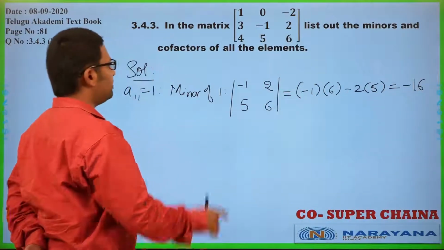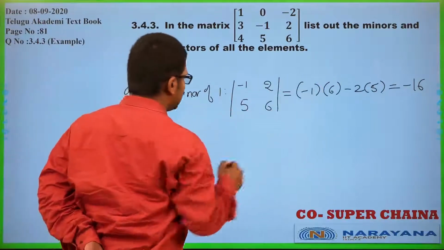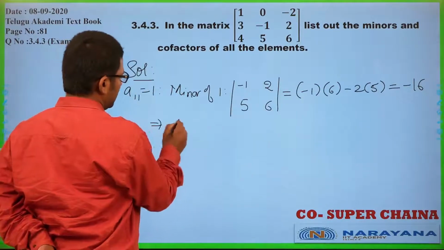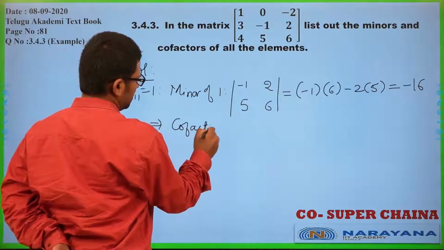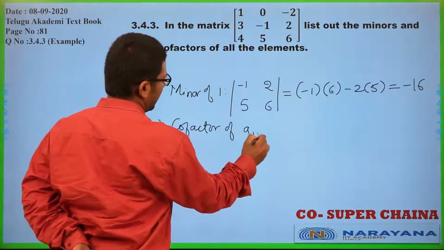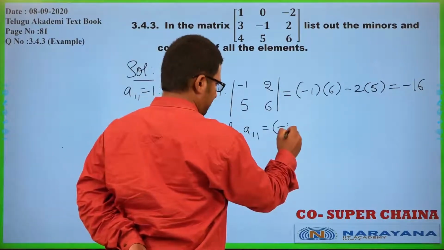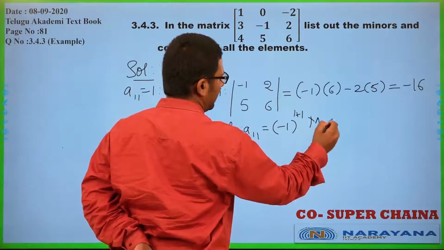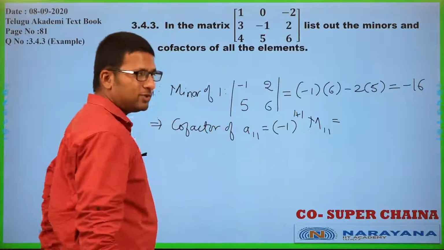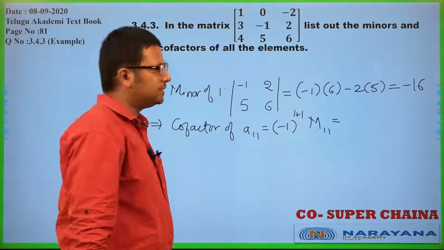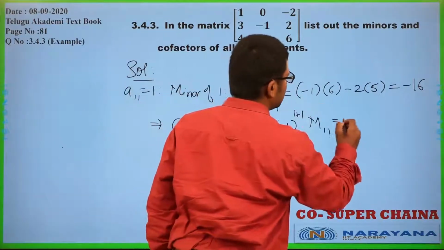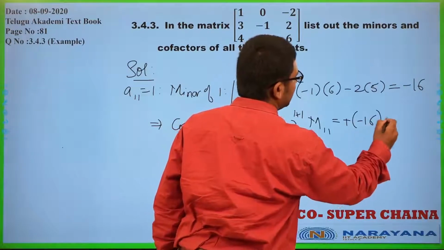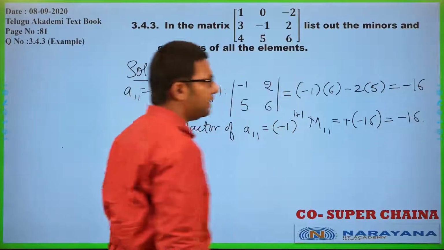Now if minor of this element is minus 16, then cofactor of A11 would be minus 1 raised to 1 plus 1, M11. Minus 1 raised to 1 plus 1 is plus 1. So plus 1 into M11, so plus of minus 16, which is minus 16 only.